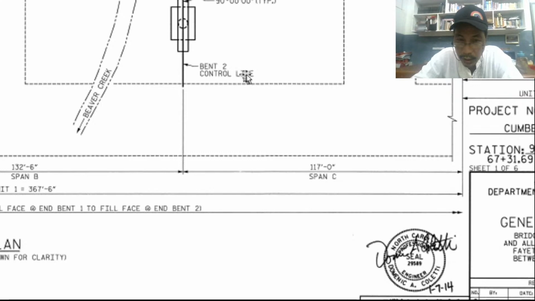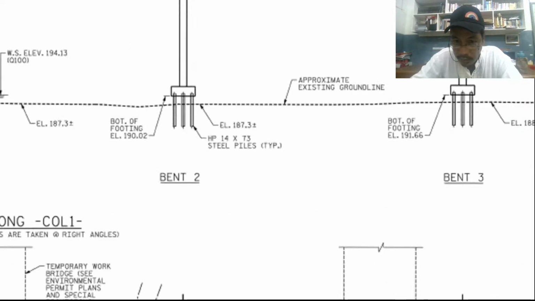So the bend control line is the line which is 90 degrees with this reference line. Okay, you cannot see the reference line, but you can see it.